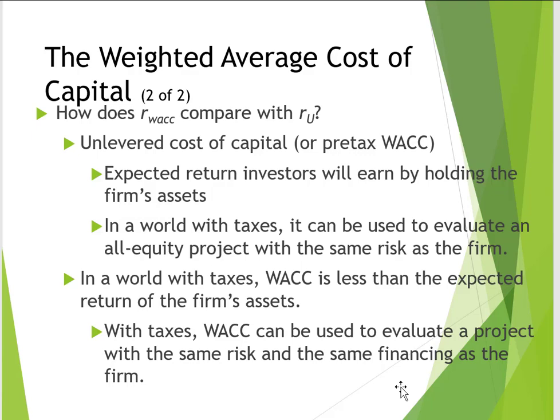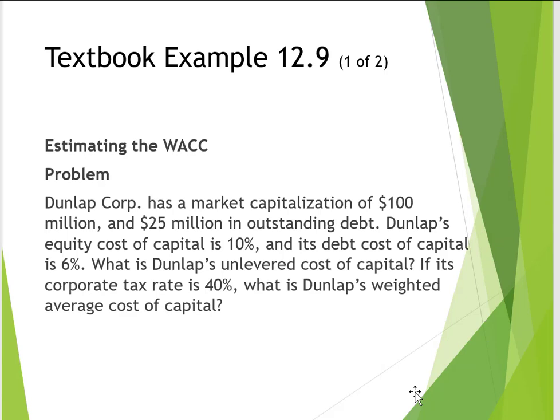The unlevered cost of capital, or pre-tax, is the expected return investors would earn by holding the firm's assets. In a world with taxes, this can be used to evaluate an all-equity project with the same risk as the firm. In a world with taxes, the weighted average cost of capital is less than the expected return of the firm's assets. Why? It's because interest is tax deductible. It's rather redundant, but interest is tax deductible.